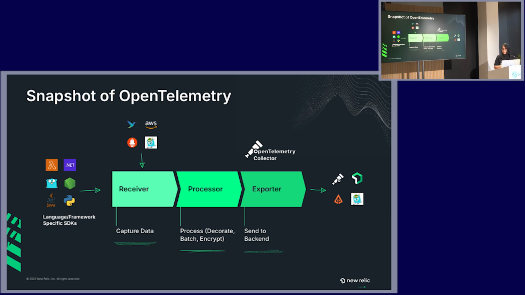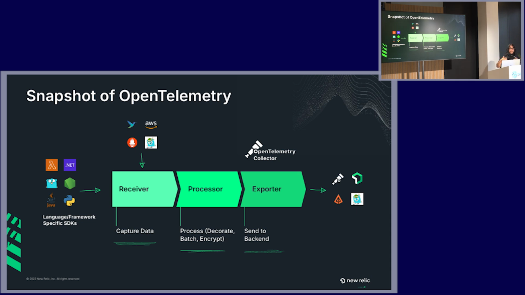For example, if you're observing a microservice architecture, and one of your services is in Python and the other is in Node, you want to make sure you're collecting data from both of them. For that, you need two language specific SDKs, but you need the same type of data. So you need to make sure there's a service that translates them into a format which is understandable by the observability platform.